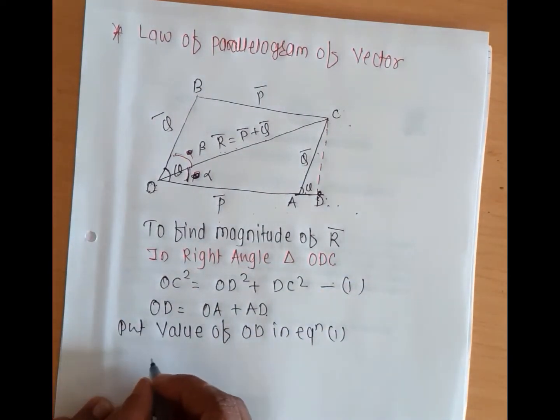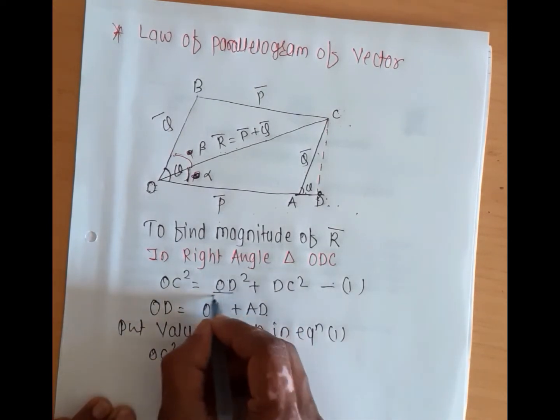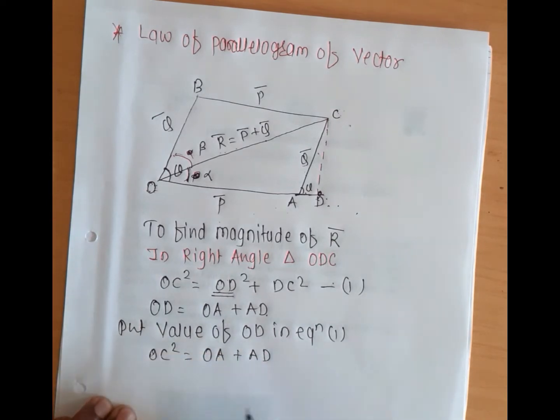Then we get OC square is equal to, instead of OD we substitute this value, (OA plus AD) bracket square plus DC square.